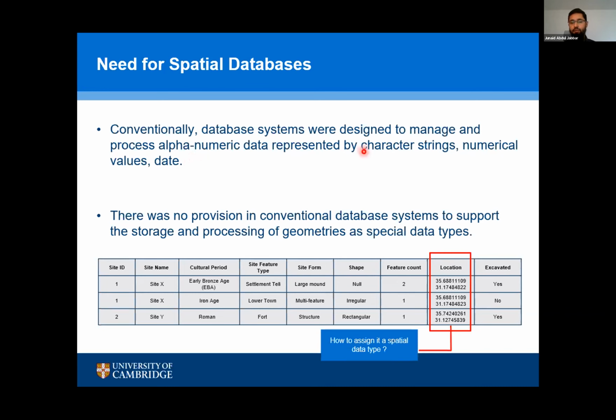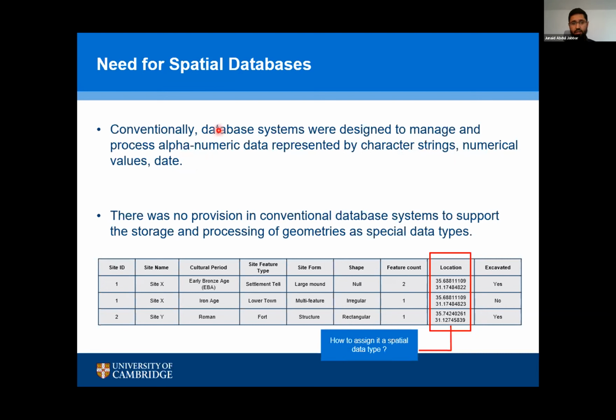For example, if our data is stored as a character string, it would allow us to perform certain operations associated with string types. If our data is stored as a numerical value, then there would be numerical operations available. If we have stored it as a date or another data type, then the operations that our database system would allow for that particular attribute would be very defined and restricted to that particular data type.